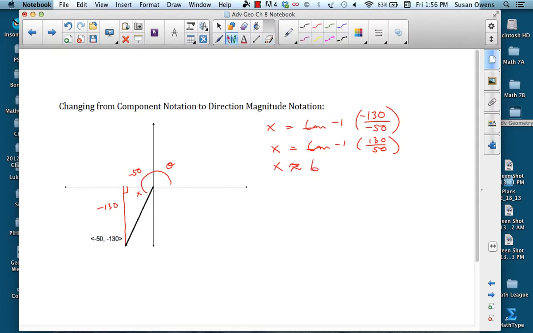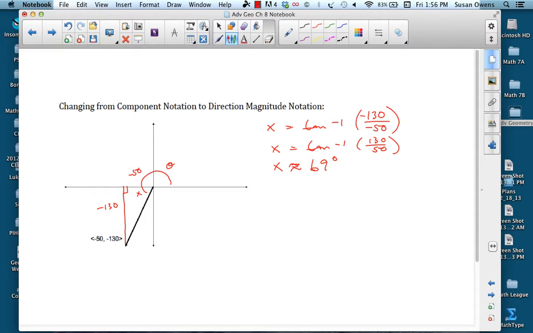Most of the time, if it doesn't specify, I round to the nearest tenth, unless it wants more. Okay, so 69 degrees. Take a look. There is no way that my whole angle all the way around is 69 degrees. So x is 69, and then I have to add 180 to it.